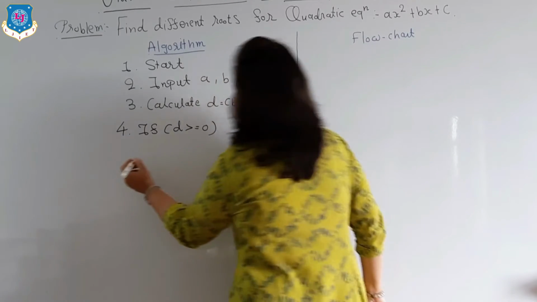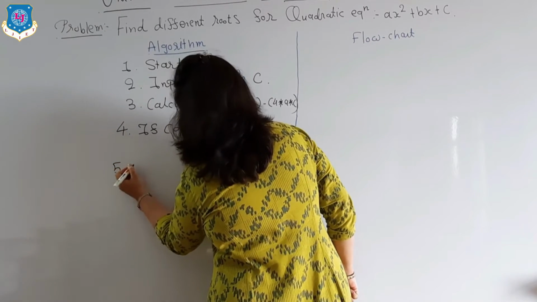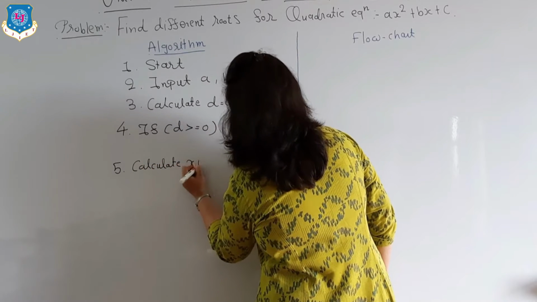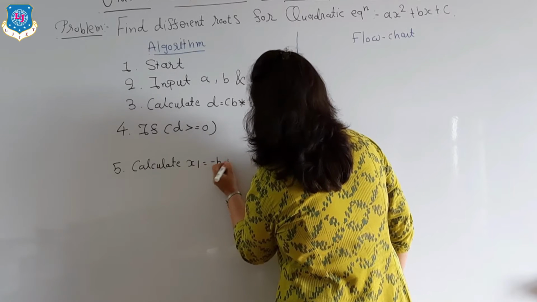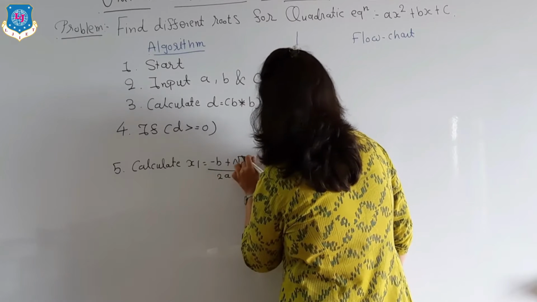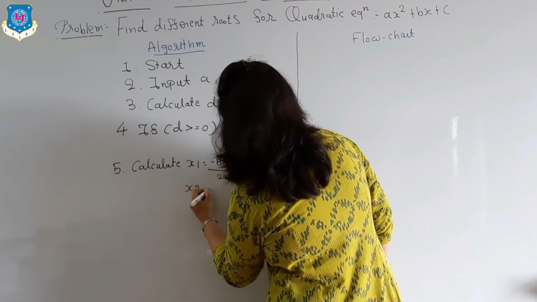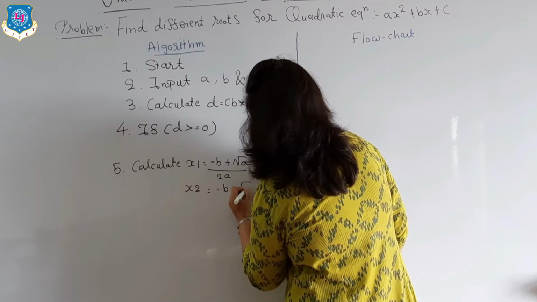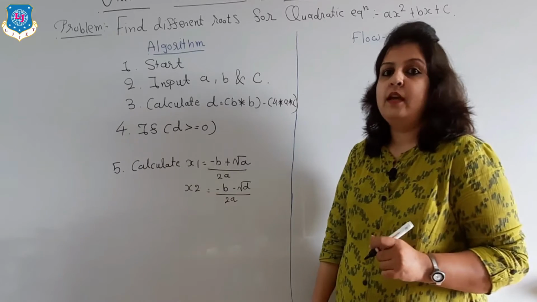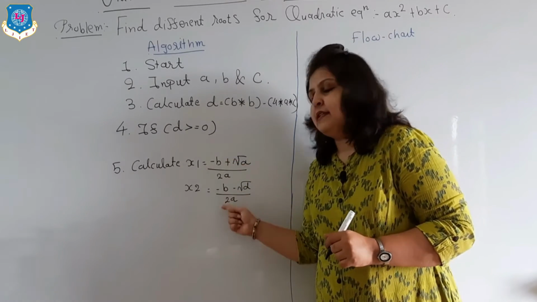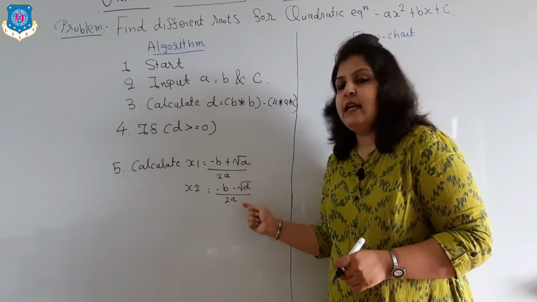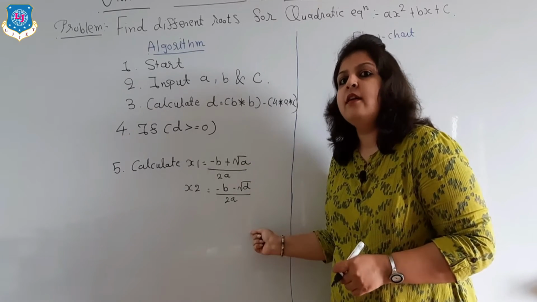The formula for finding the roots is: calculate x1 is equal to minus b plus root delta upon 2a and x2 is minus b minus root delta upon 2a. After calculating the values of x1 and x2, we have to print them, that are our output.